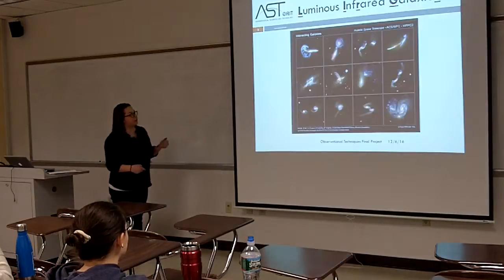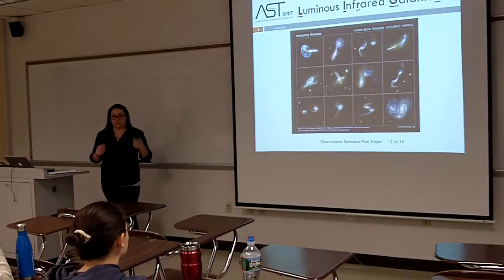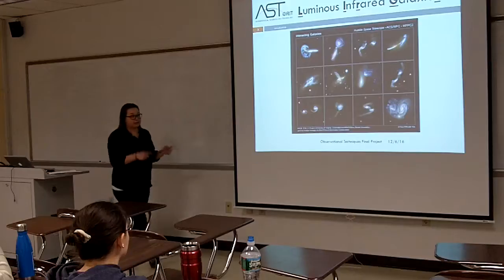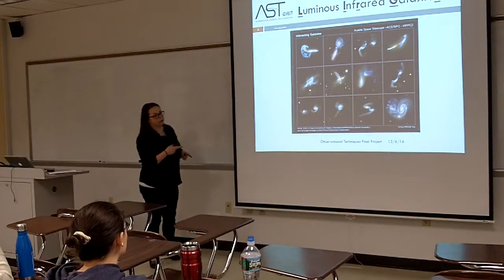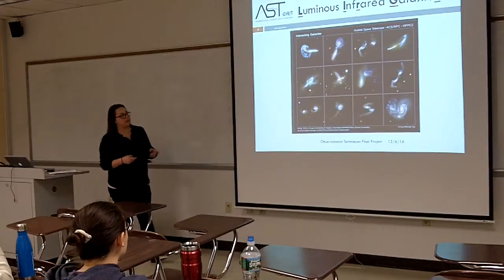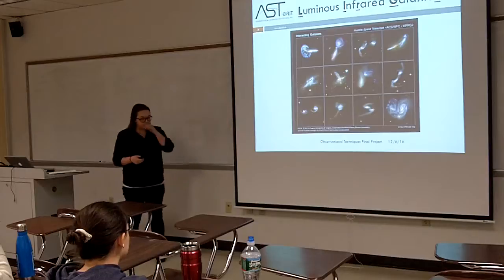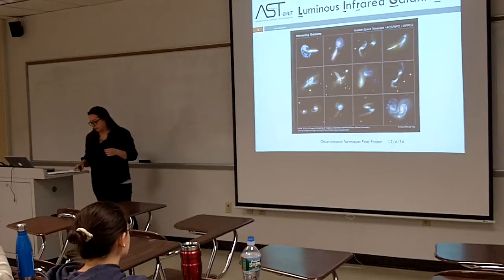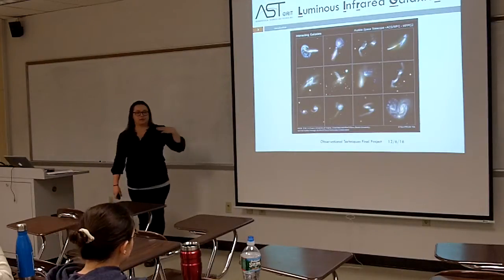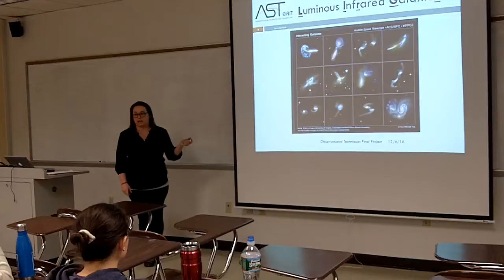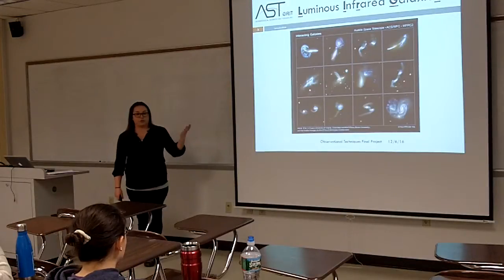And so getting into that, one of the types of galaxies that are interesting for galaxy evolution at high redshift are called LIRGs, and from their name, these are galaxies that are very luminous in the infrared. This is because they have really high star formation, but there also could be a contribution from an AGN.